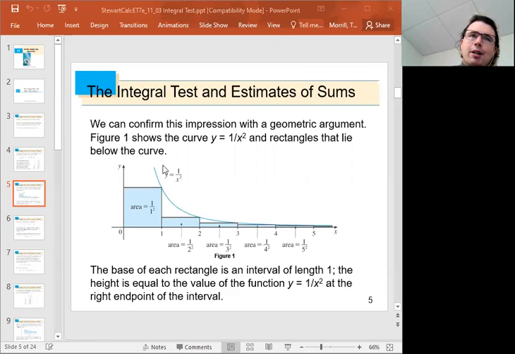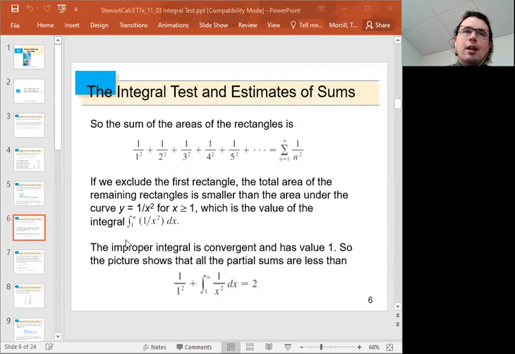But if I wanted to compute the area underneath the curve, well, that's a job for integrals, and not just integrals, but it would be an improper integral. So I would have to start my integral at x equals 1, right?